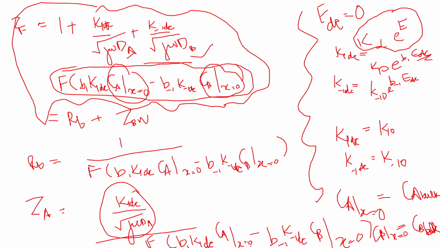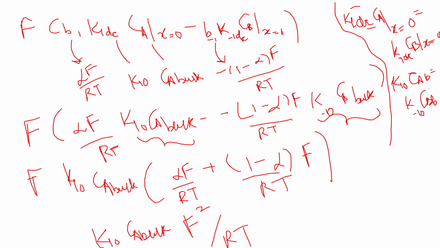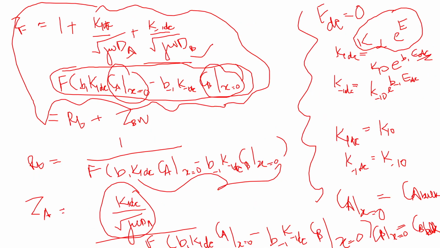Now what is RT? 1 by this denominator. So the denominator we have, 1 by this part, we have already solved. So RT is the reciprocal of this full thing, because it is 1 by F into B1 K1 DC C at x equal to 0 minus B minus 1 K minus 1 DC CB at x equal to 0.